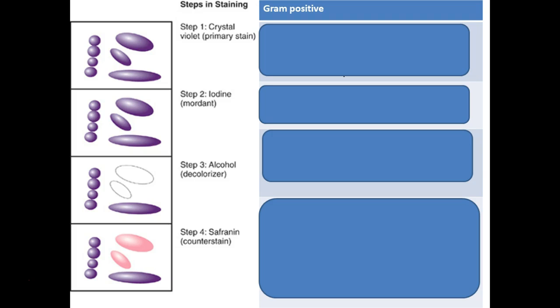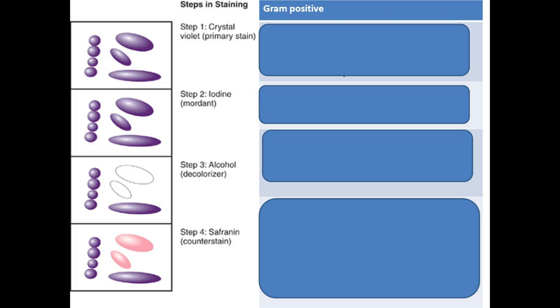All right, so let's work through this. Let's start with gram positive. Here are our steps off to the side, which you do need to know. Crystal violet, the primary stain. What do you see in this picture? The different shapes, and they're all purple because crystal violet is a purple stain. And where is the purple?